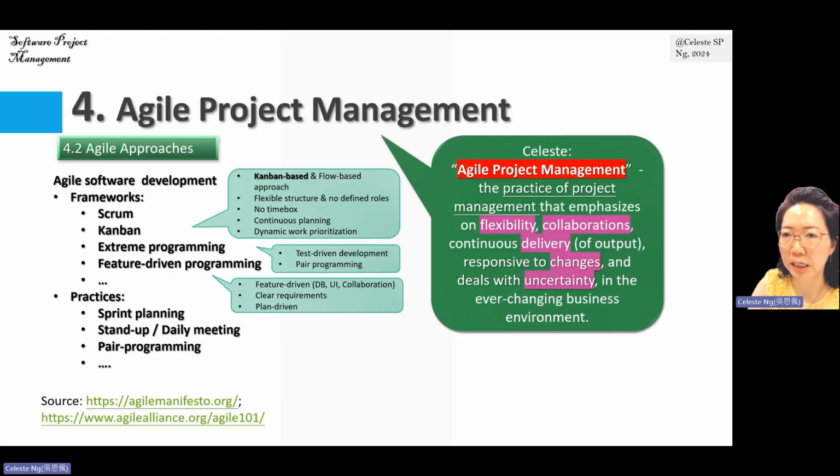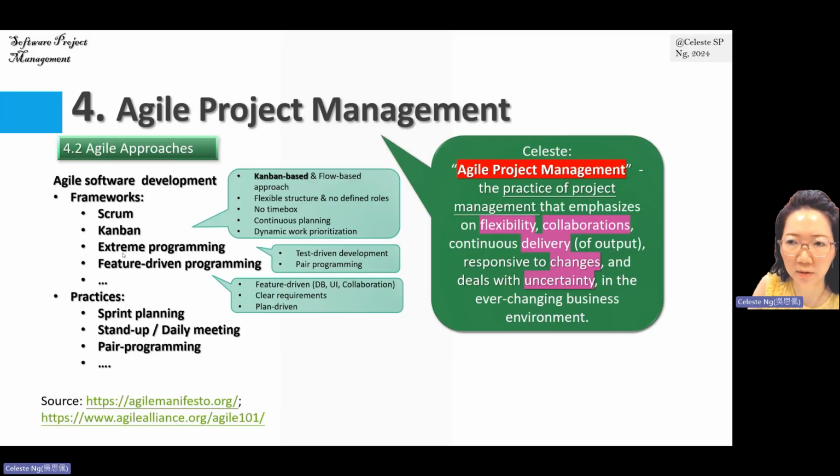In Kanban, unlike in Scrum, there are no predefined roles. The roles in a Kanban Agile project are flexible and dynamic, and can change from time to time. The planning in Kanban is done dynamically and continuously, and the work prioritization is also done dynamically.